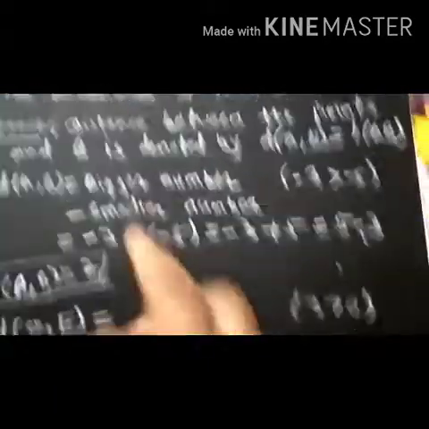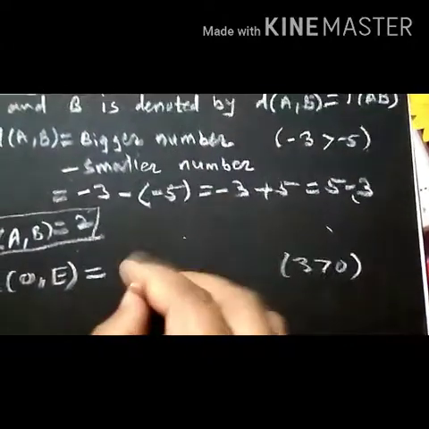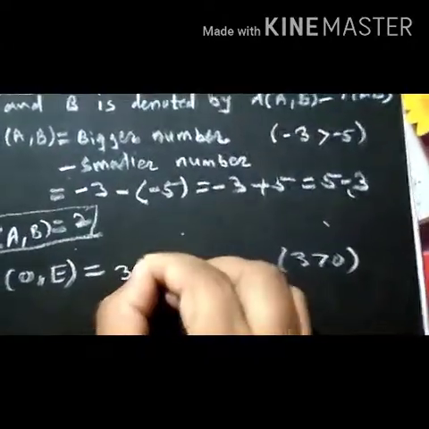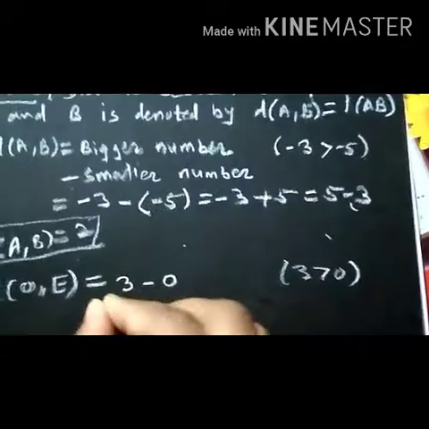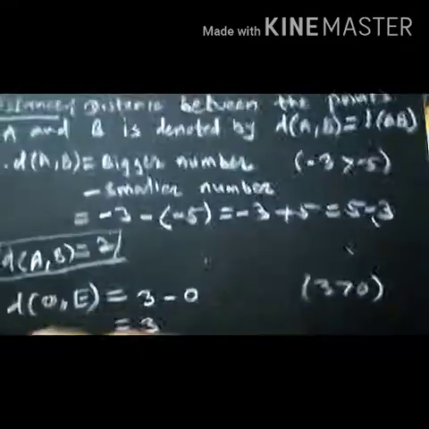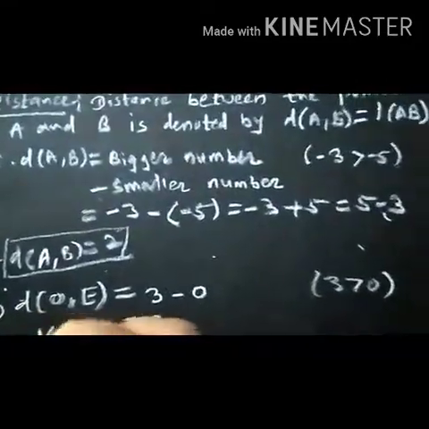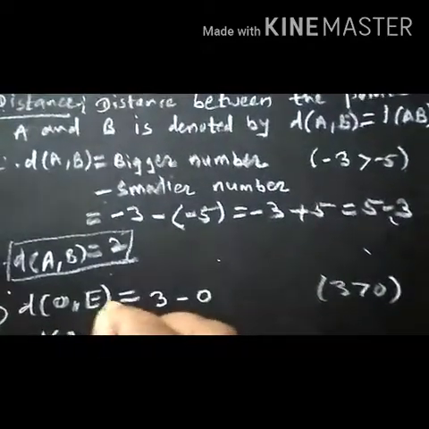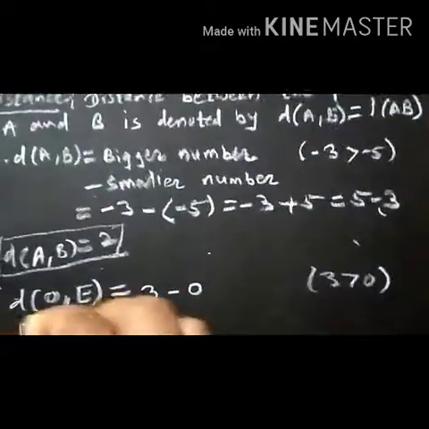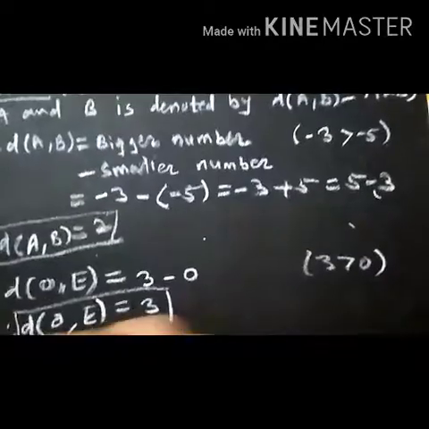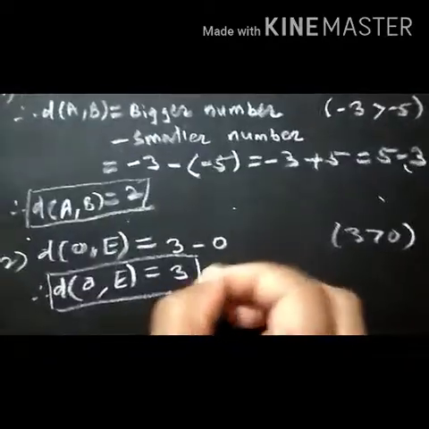Therefore again we have to use this formula, bigger number minus smaller number. So here the bigger number is 3, the smaller number is 0. So 3 minus 0 is 3. Therefore the distance between the points O and E, or length of segment OE, is 3. Here we got the positive value 3.